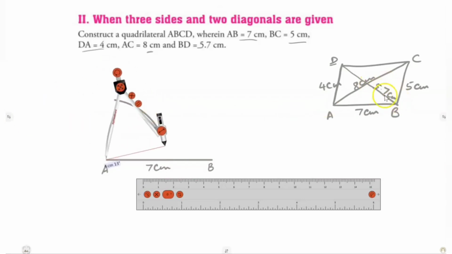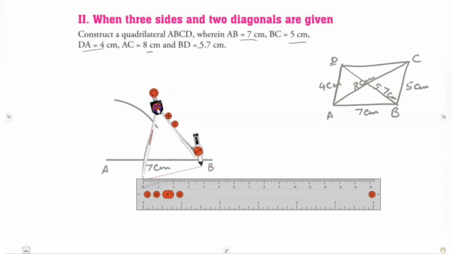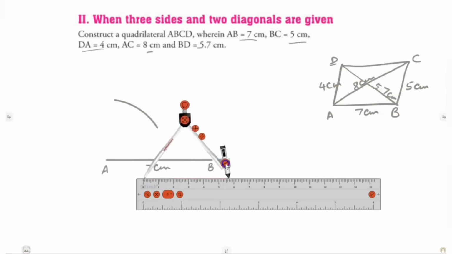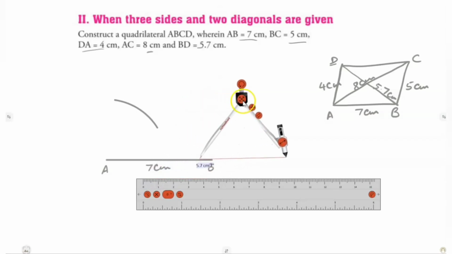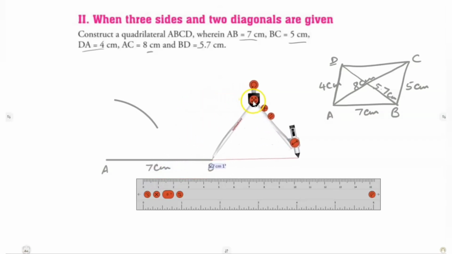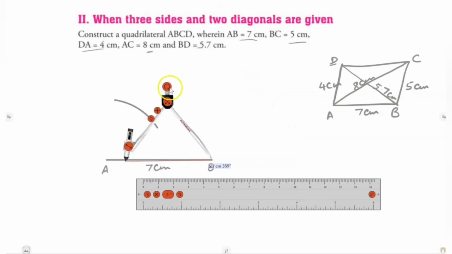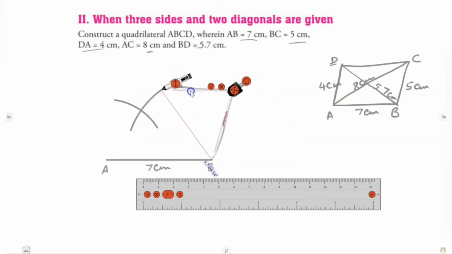Next similarly open a radius of 5.7 cm. We are going to construct point D. So point D is at 5.7 cm from B. So take radius of 5.7 cm and put it on B with B as center, and draw another arc to cut the previous arc.